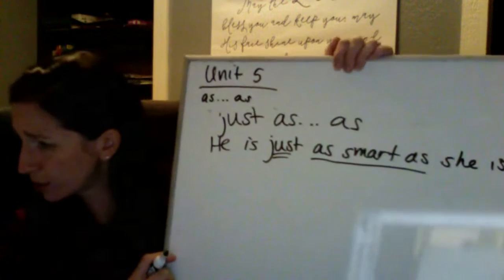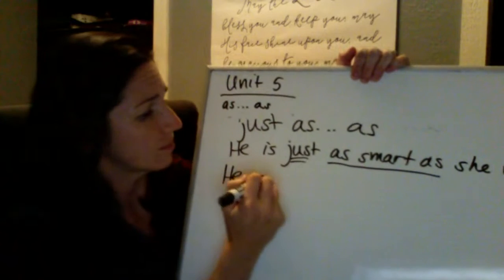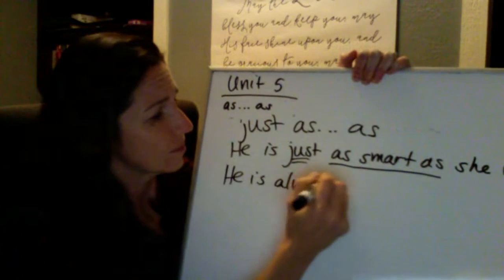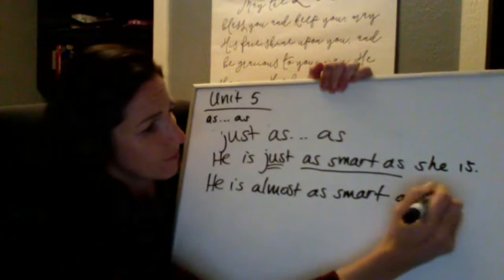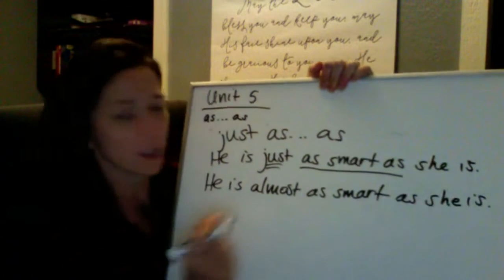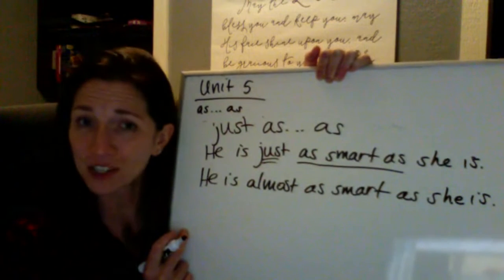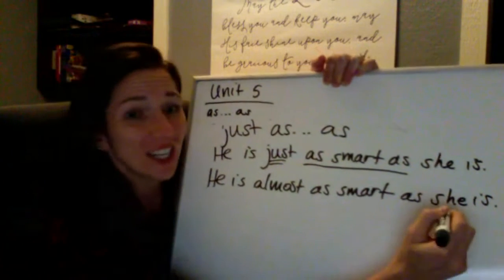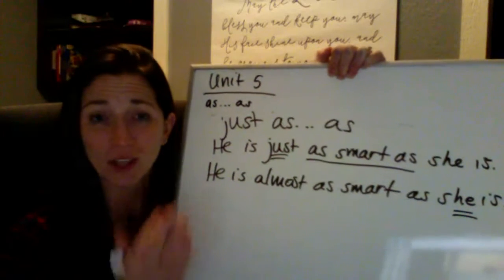We can also use the next one, almost. He's almost as smart as she is. Now, this is a really important one to note. Who is smarter, right? He's almost as smart as she is. She is smarter. Okay, so it's kind of interesting when we use the almost.